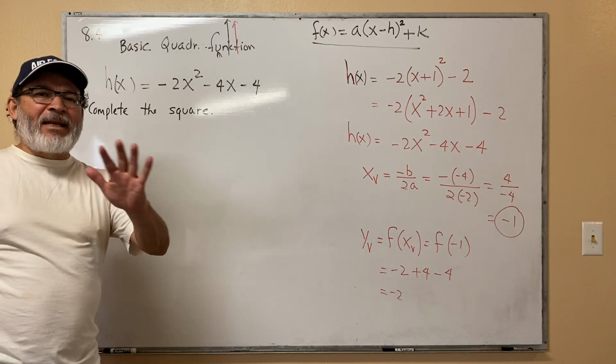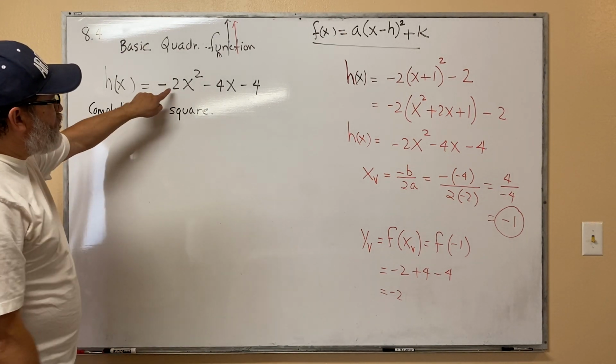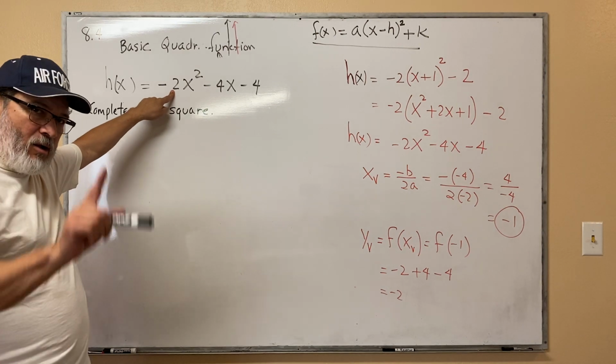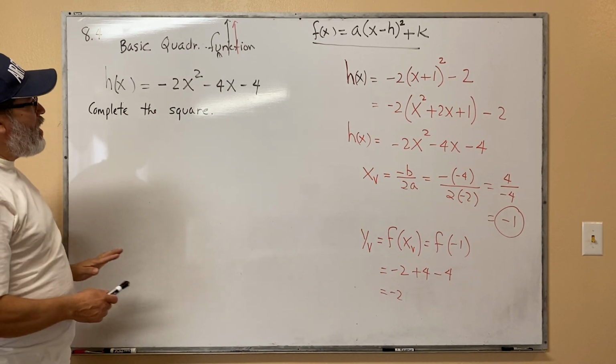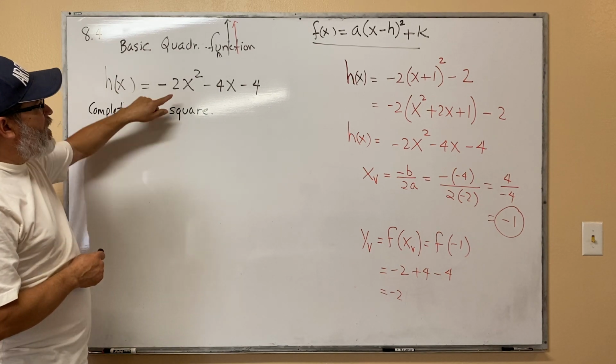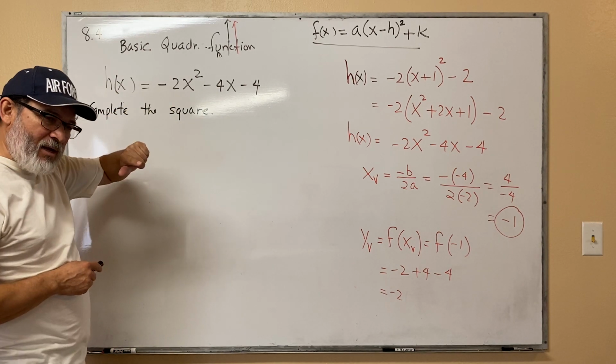Remember, in completing the square, this leading coefficient must be 1. So that's what I'm going to do. I'm going to complete the square by making this leading coefficient 1.